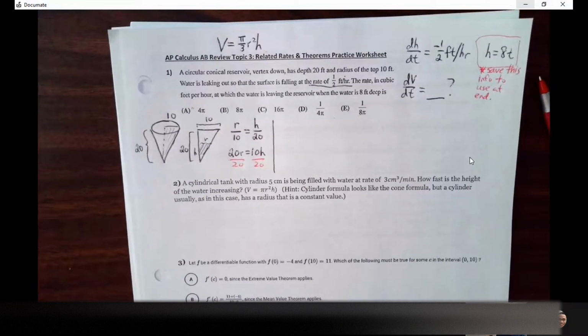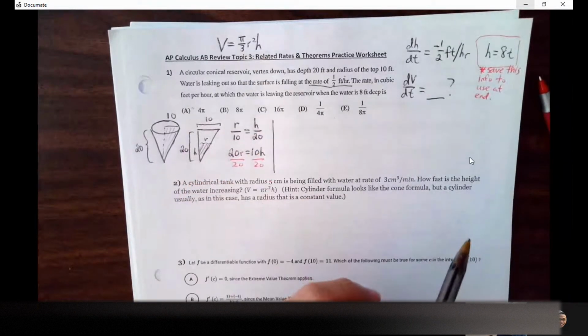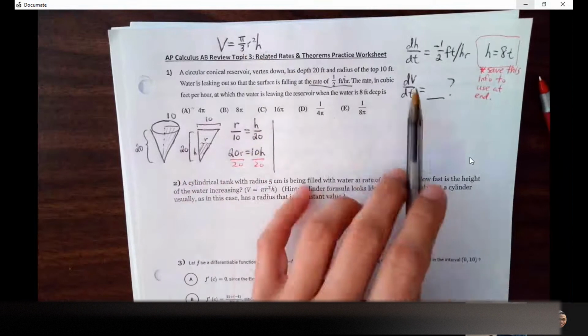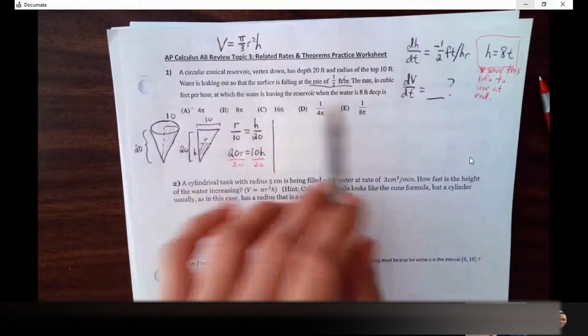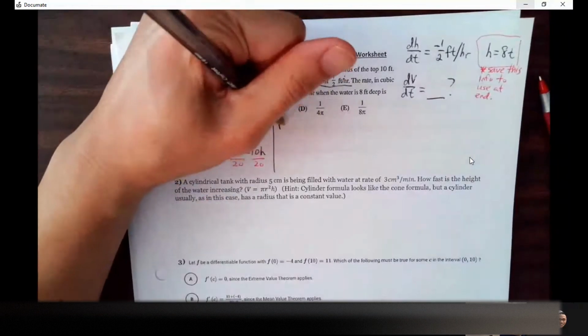If I solved in terms of R, I could still get to the answer, but it would take a little more substitutions at the end. So I'm just looking ahead to see what's available and trying to streamline my steps. So if I solve for R, I get R is equal to H over 2, or 1/2 H.